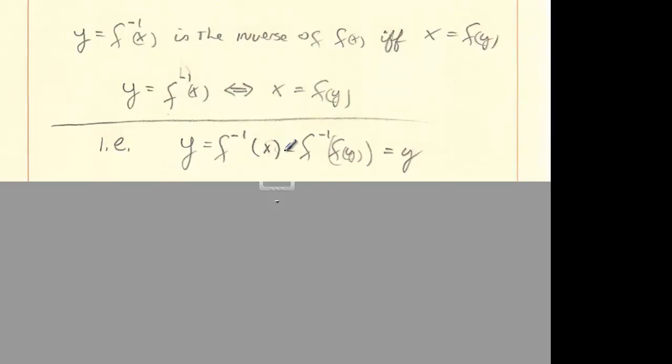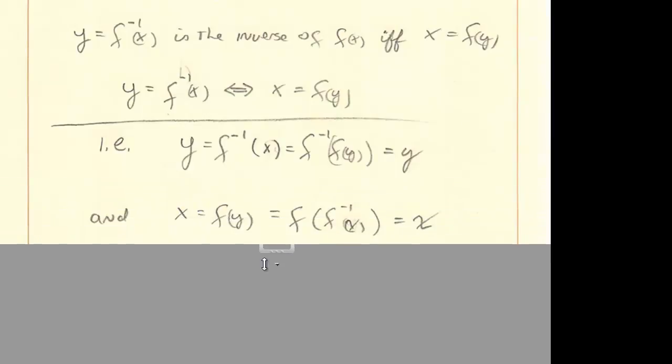So that's the idea of the inverse function. The inverse function is the function that undoes the original function and leaves us with the argument itself. And it works the other way around. We can start with x equals f of y and replace y with what y is according to this definition, which is f inverse of x.